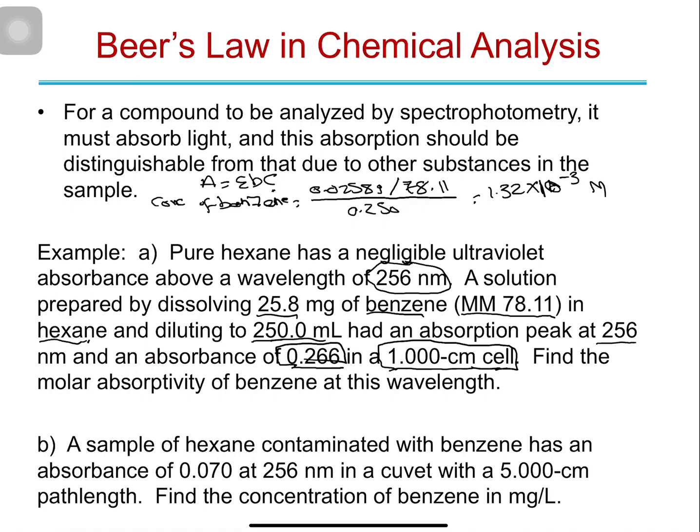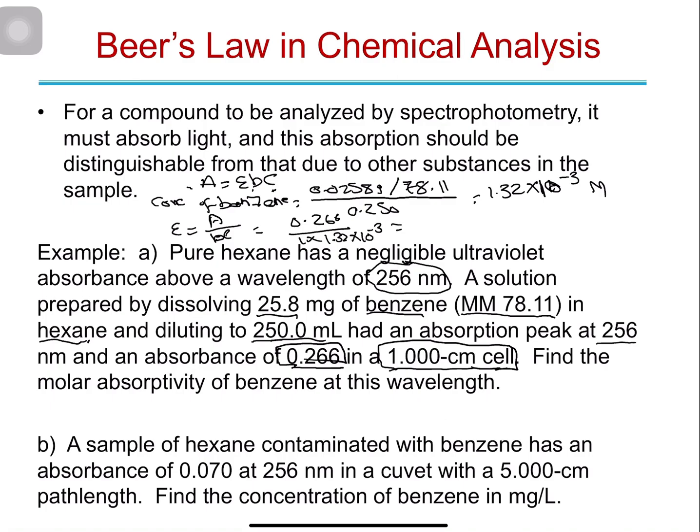Now we know the absorbance, we know the path length, we know the concentration, so we can calculate the molar extinction coefficient. The molar extinction coefficient will equal A over bc. So this will equal 0.266 divided by 1 times 1.32 times 10 to the power minus 3.